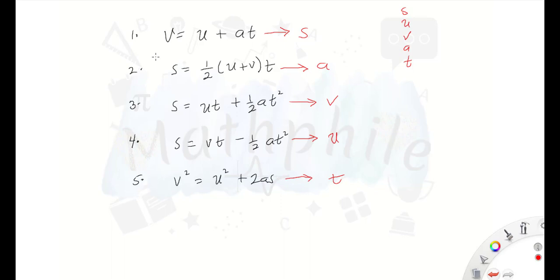It depends on how well you understand work, energy, and power. After all, it's 2 marks you're going to lose, so it's better to risk the 2 marks than to lose everything. But I know you are very good, so you won't have any issues with work, energy, and power.